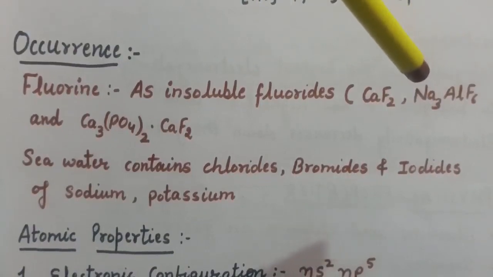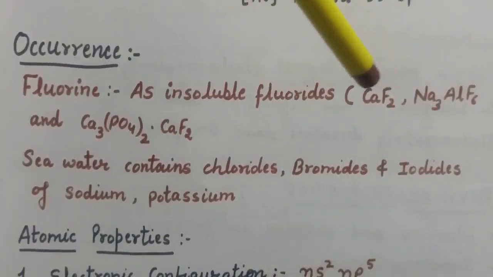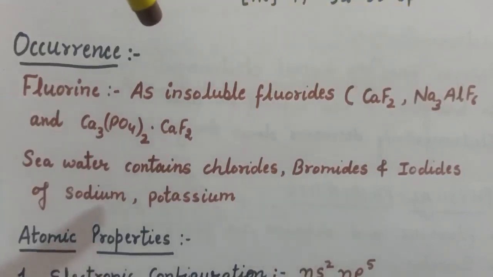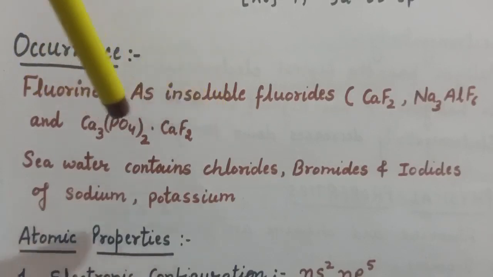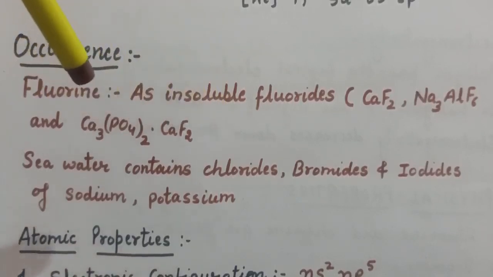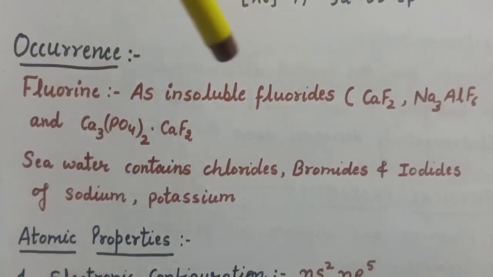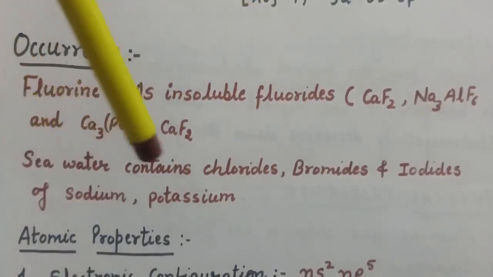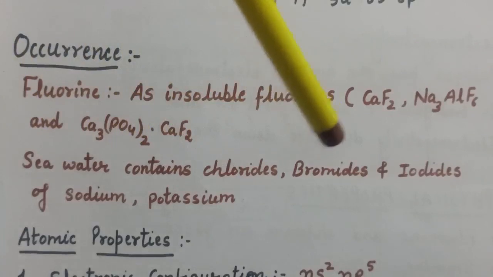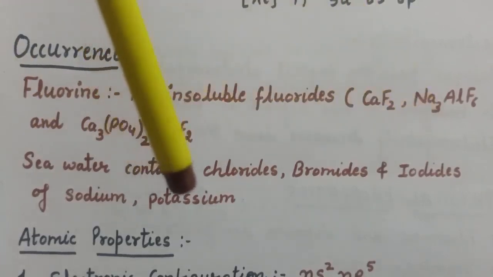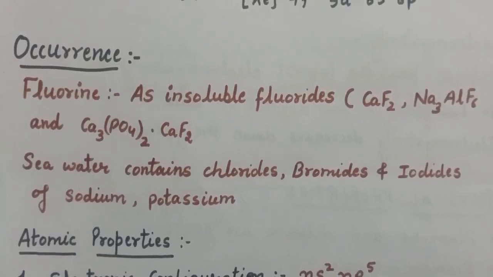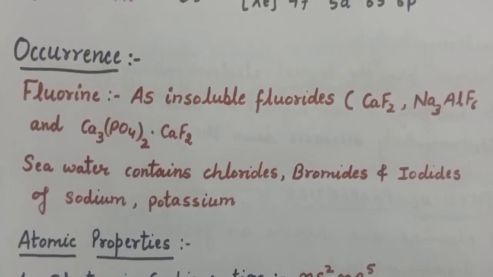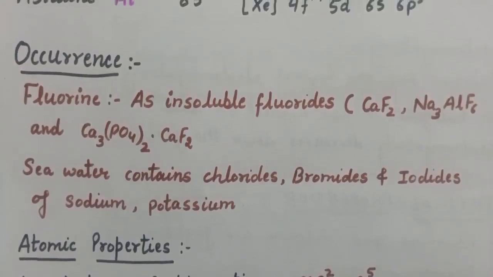So fluorine exists mainly as insoluble fluorides and also in the form of fluoroapatite. This is the formula for fluoroapatite. Seawater contains chlorides, bromides and iodides of sodium, potassium, magnesium and calcium. Also, certain forms of marine life contain iodine in their systems. So this is all about the occurrence of group 17th elements.